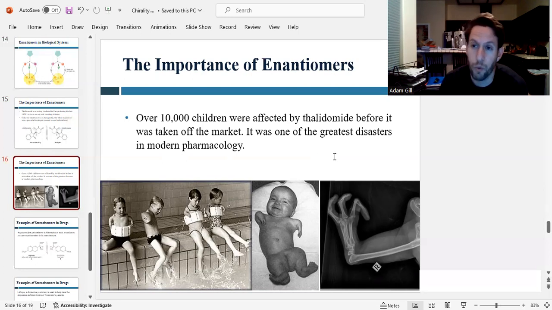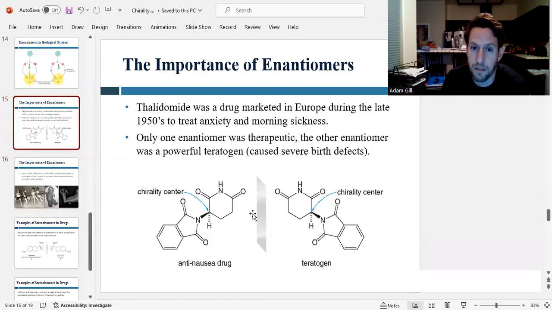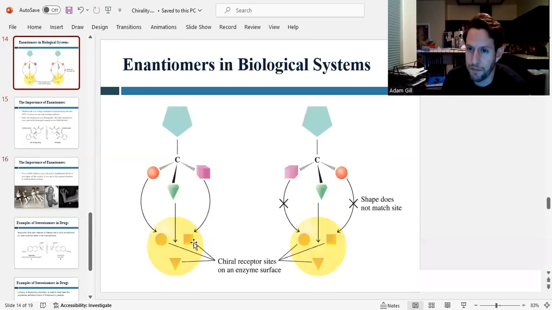So this is one of the worst examples of a pharmacology disaster in modern medicine. And this just illustrates the importance of one chirality center versus the opposite chirality center, right? Only one version fits the receptor. The other version could be disastrous. Okay? So chirality is very important.